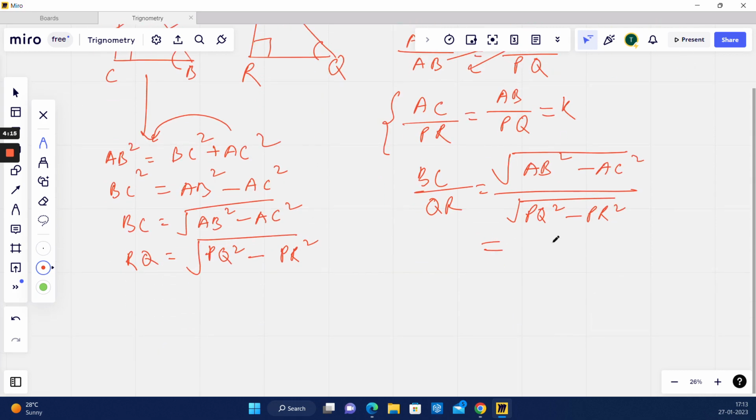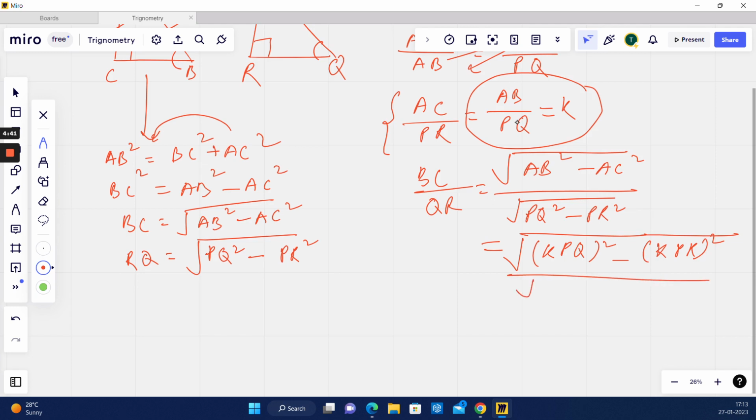Yeah, it can be written as, AB can be written as K into PQ, the whole square, minus AC can be written as PR into K, that is K into PR, the whole square, by under root of PQ square minus PR square, correct?